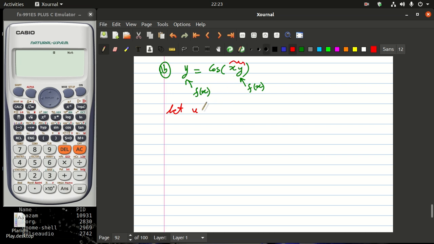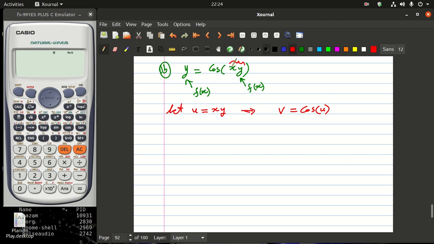I'm going to let u be equal to x times y. And now I'm going to have a new function v, and this new function is going to be equal to cosine of u.